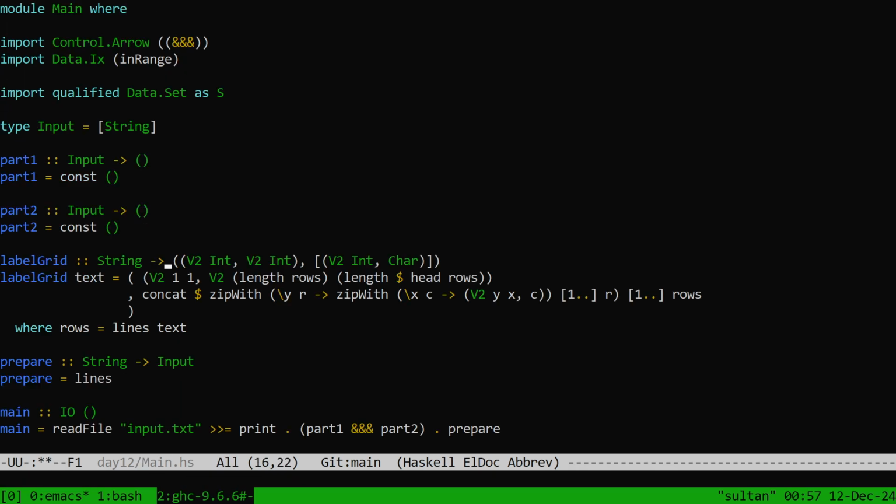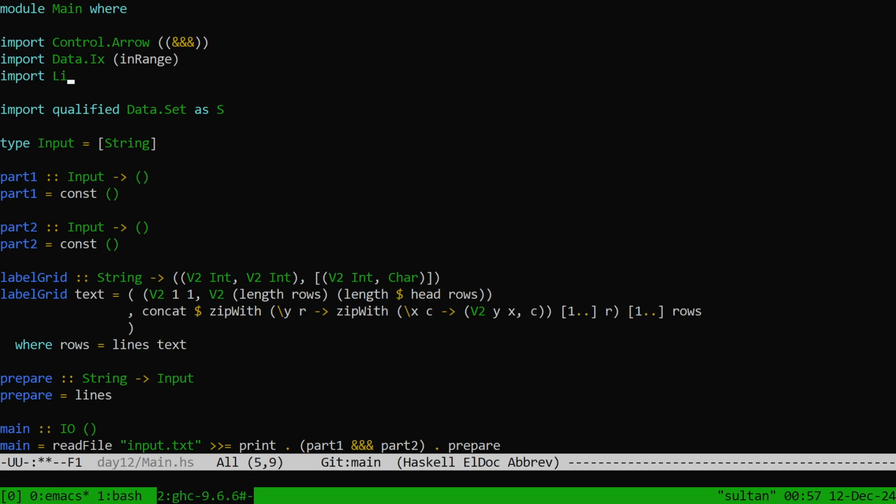That's the type I gave it before, and I'm already bringing in a bunch of libraries. What's one more, right? So, import Linear.V2. I think that's it. I shouldn't really need X or Y, right?